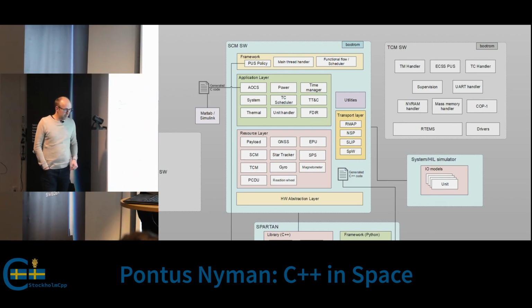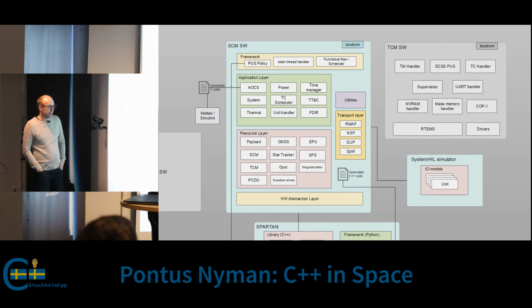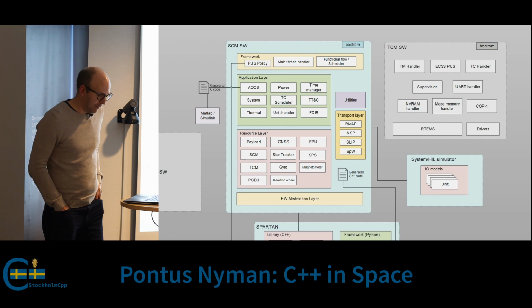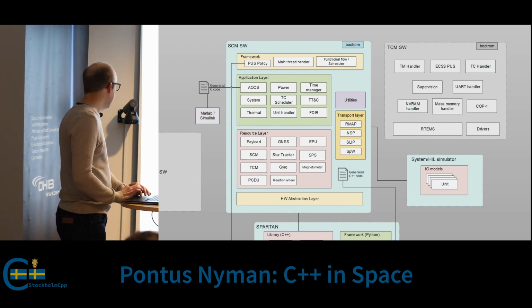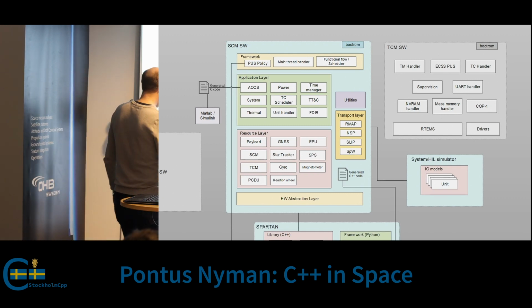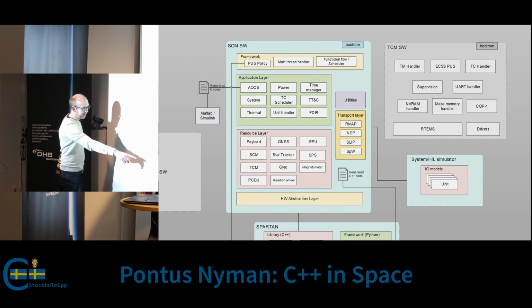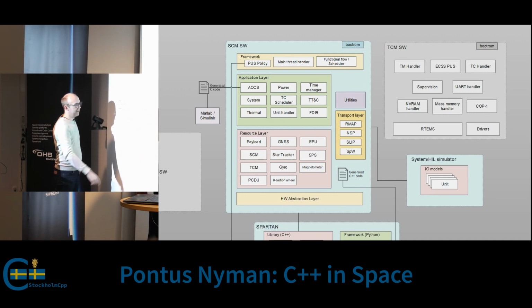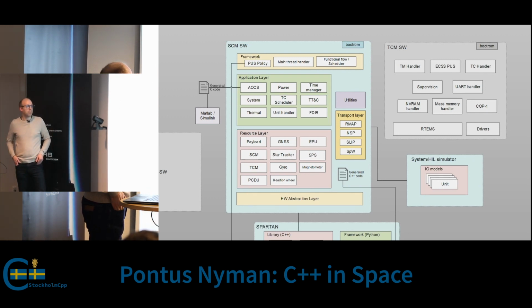So at the bottom here we have HAL, the hardware abstraction layer, and it's an abstraction against the drivers basically. And then we have two layers, the resource layer and application layer. And all of these boxes here are what I called application process before in this POS standard.